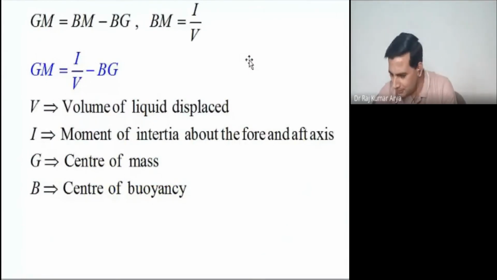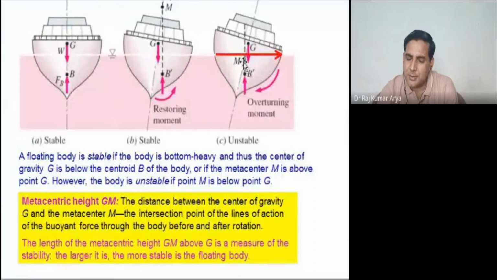Now we don't have much time, so your time is already over. So this is how you can calculate it. We have the derivation of that. Practically, GM would be BM minus BG, so you can get it from this figure only. You are calculating this GM from this side.